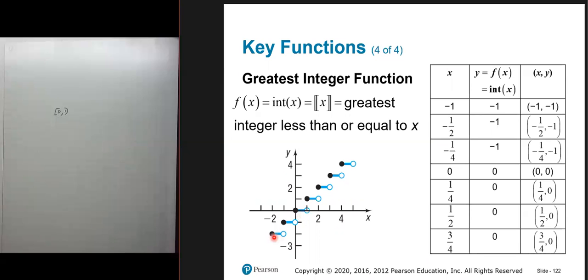Notice that this forms like a staircase, and these are sometimes referred to as step functions. I almost always refer to them as step functions.